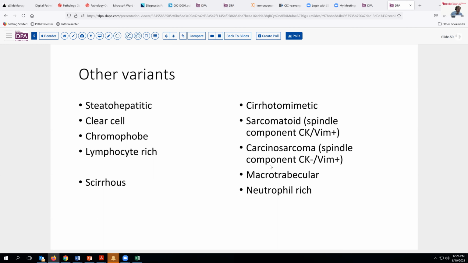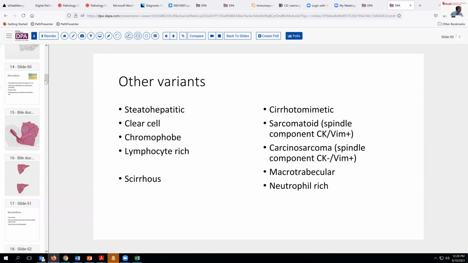Again, the purpose of this presentation is not to become expert in distinguishing each of these variants, but just to give you an idea and understanding that these variants are out there. And so in a tumor like hepatocellular carcinoma, understanding the number of variants that are available is quite significant.